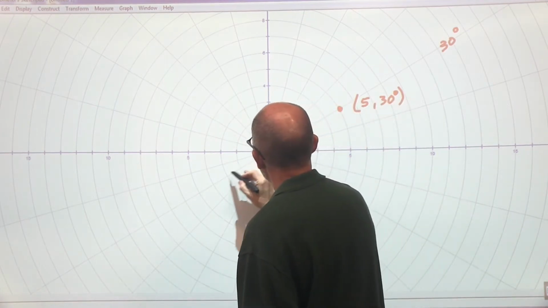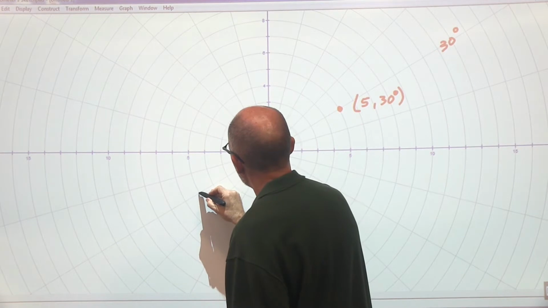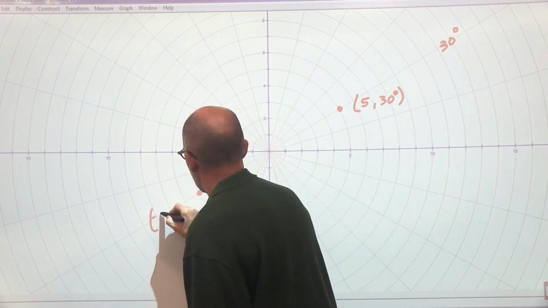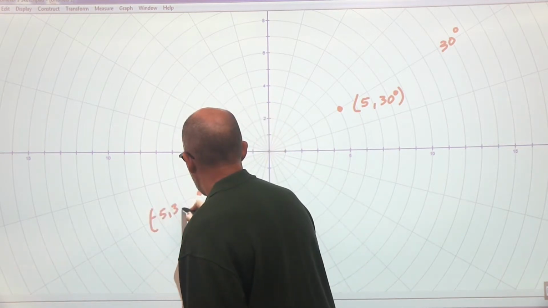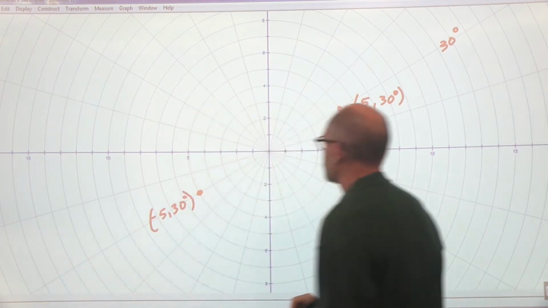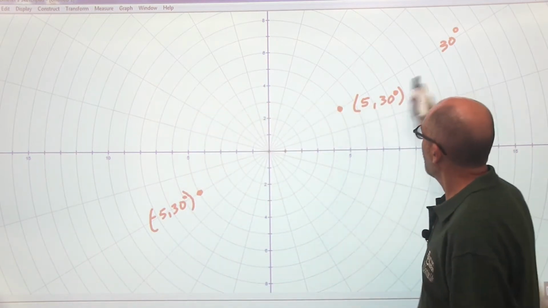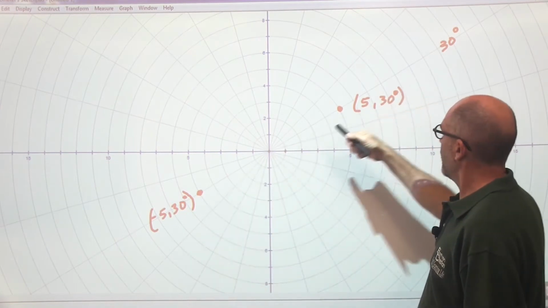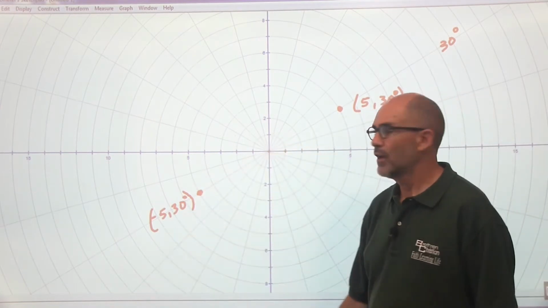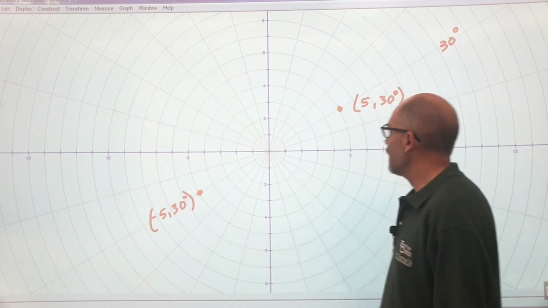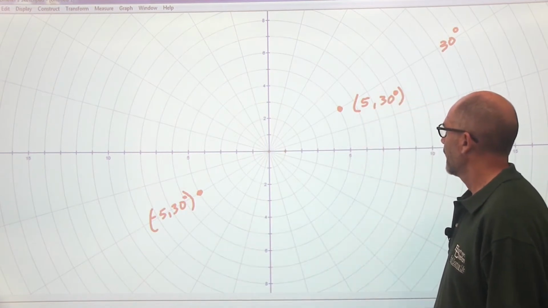So 1, 2, 3, 4, 5, I could call this negative 5 at 30 degrees. Because notice, it's on the 30-degree angle, but it's going left 5. So that's negative 5 at 30 degrees.